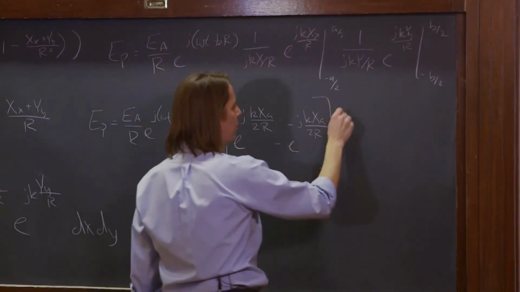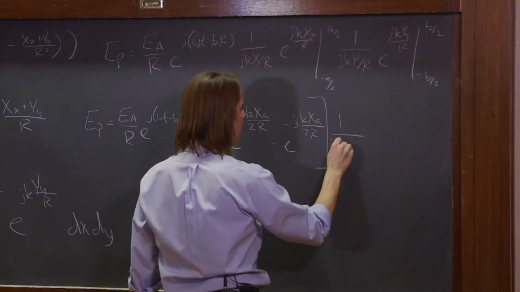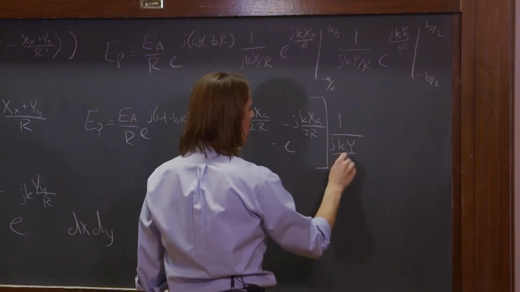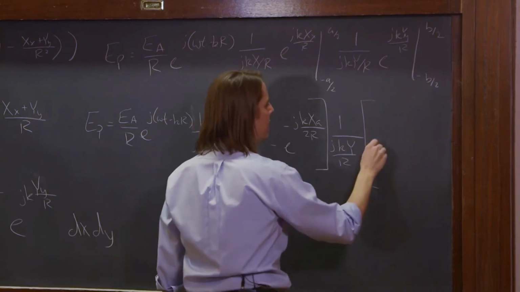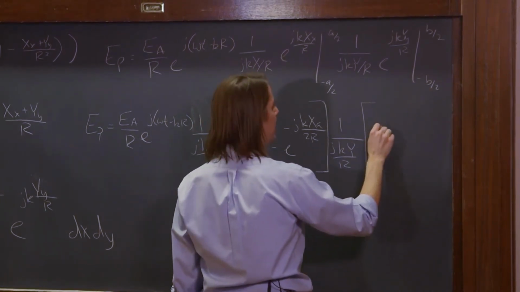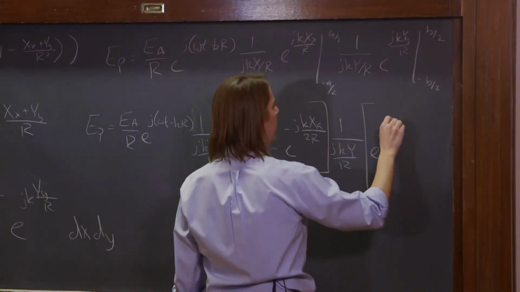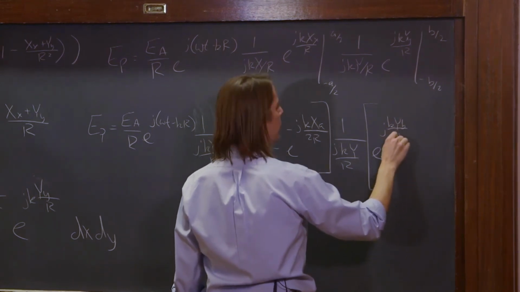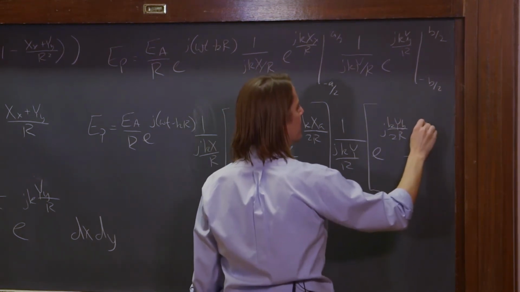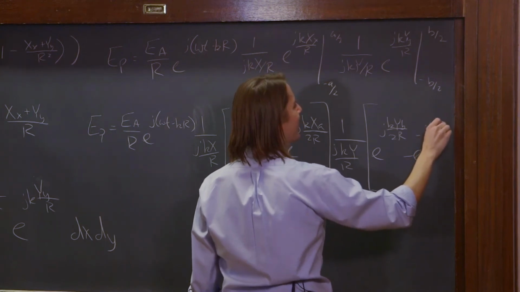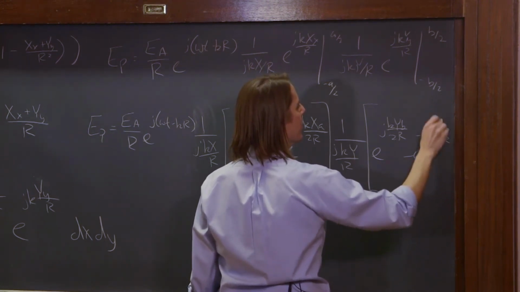And then this is going to be 1 over jk Y over r. And we're going to get e, oh, we're running out of room again, e to the jk Y b over 2r minus e to the minus jk Y b over 2r.